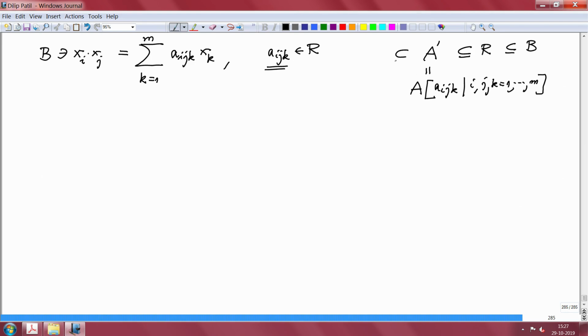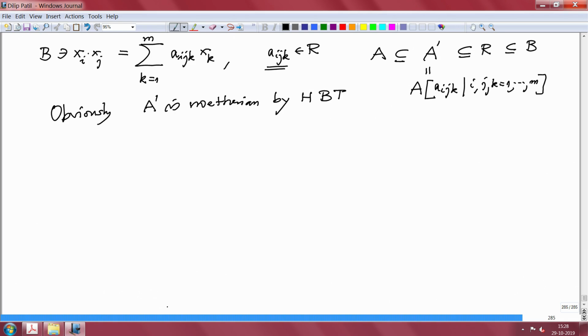This contains A. This is a sub algebra of R generated by these finitely many elements. So obviously A prime is Noetherian by Hilbert basis theorem, because it is a finite type algebra over a Noetherian ring.